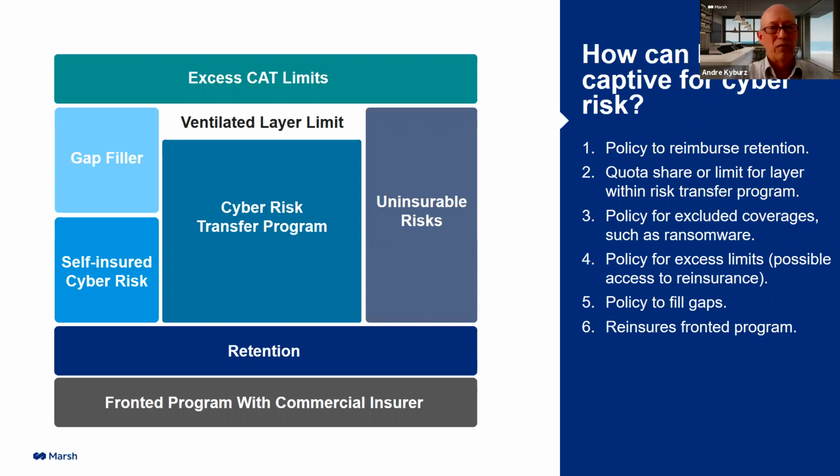Your Big Four audit firms provide some of those services as well. I think it would still be an advantage to have that primary out in the market, and then of course the captive can be filling in above the primary or at certain layer levels where you experience difficulties with traditional markets.